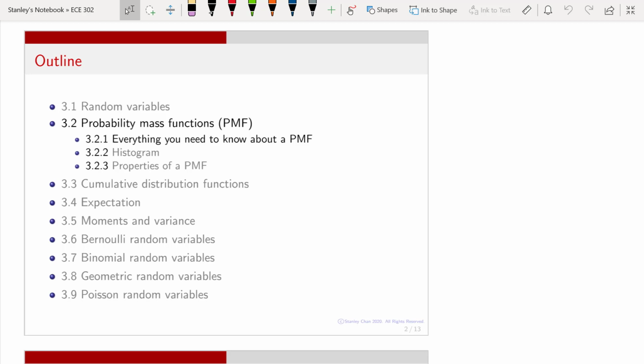So we are going to explain the definition of probability mass functions, and then we're going to draw the linkage with histograms. Finally, we will also talk about the properties of a probability mass function.